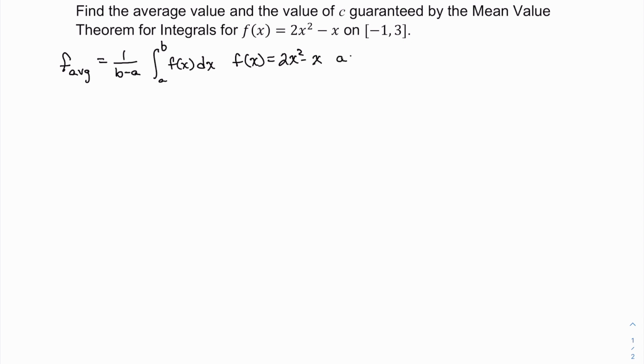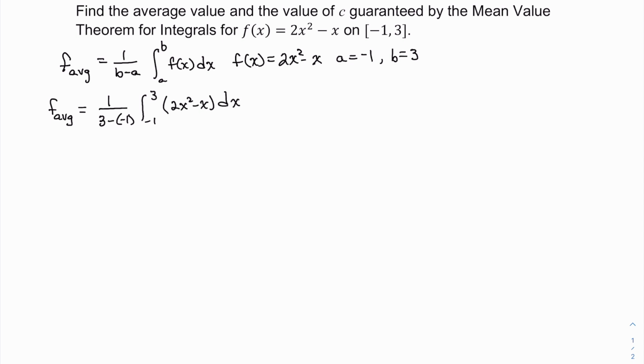Our a is the beginning of the closed interval, -1, and our b is the end of the closed interval, 3. So we have our f sub avg is equal to 1 over 3 minus -1 times a definite integral from -1 to 3 of 2x squared minus x dx.